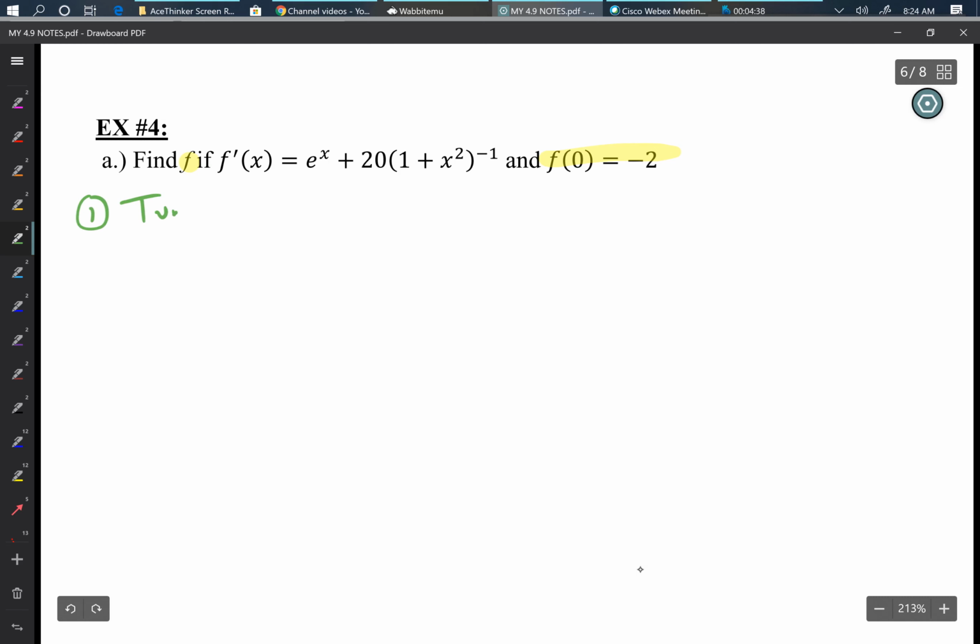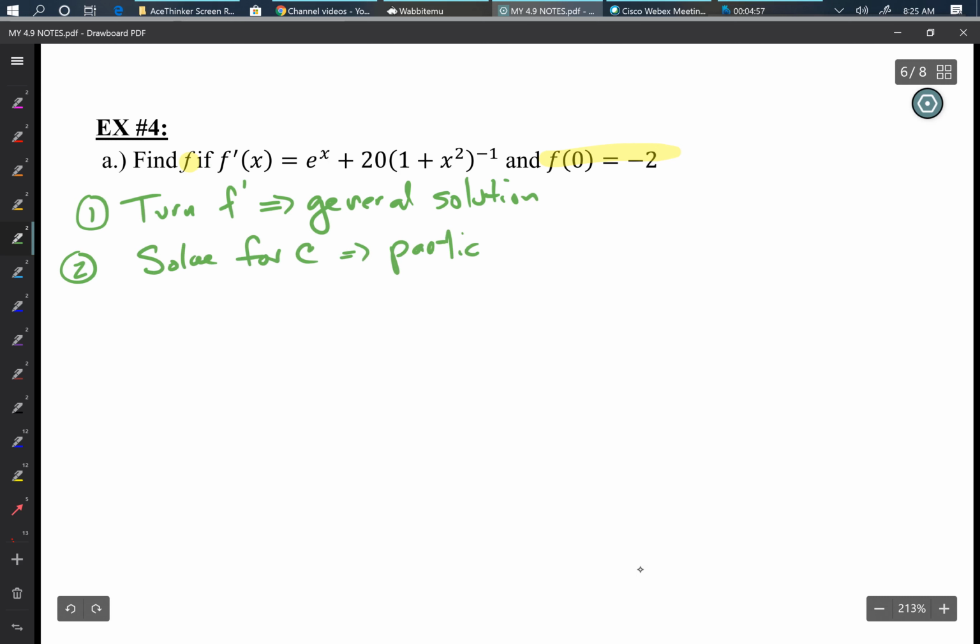Step 1 would be to turn f prime into a general solution, or a general antiderivative, and then step 2 would be to solve for c, which would give us the particular solution. So that's what I'm going to do here. First thing I'm going to do is copy down that f prime, but I'm going to rewrite it a little bit so it becomes incredibly obvious what we're doing here.